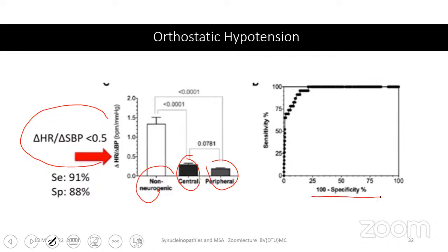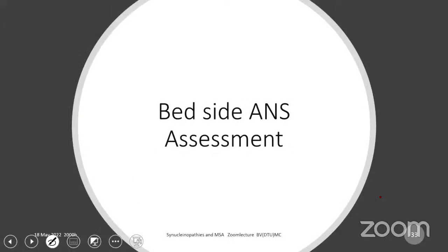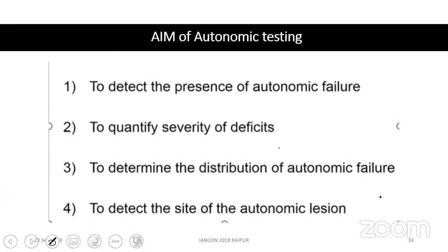The HR by BP: what is the rise in heart rate, what is the fall in systolic blood pressure? We divide them. We have one more slide subsequently where you can see if the value is less than 0.5, it becomes very significant.